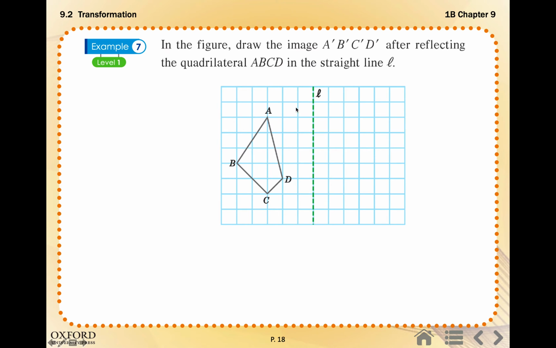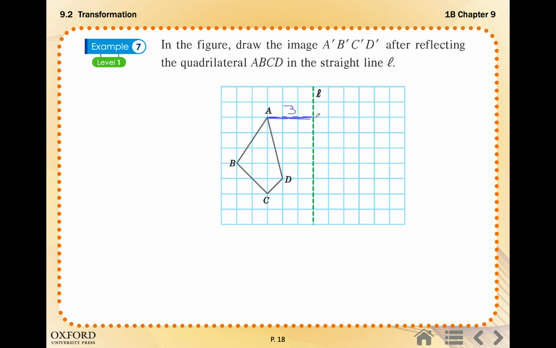If you want to draw the image after the refraction about the straight line L, then look at the figure and count how many units between A and the line L. Of course, you should draw a perpendicular line to L, and then count the distance here, which is 3 units.